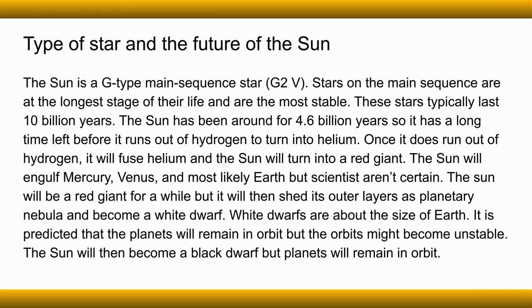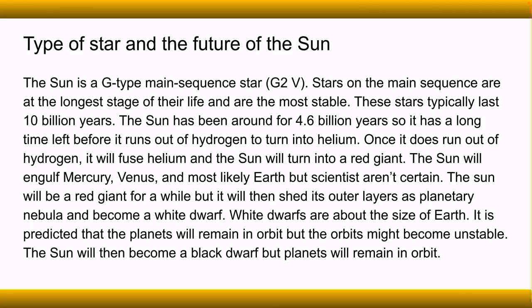Stars on the main sequence are at the longest stage of their life and are the most stable. These stars typically last 10 billion years. The sun has been around for 4.6 billion years, so it has a long time before it runs out of hydrogen to turn into helium.